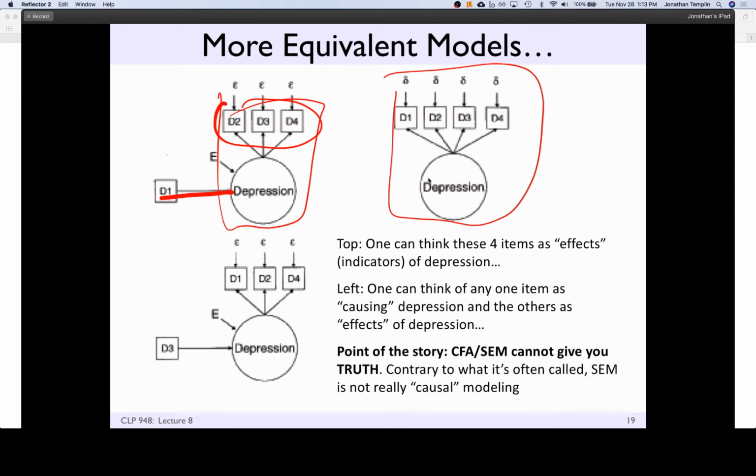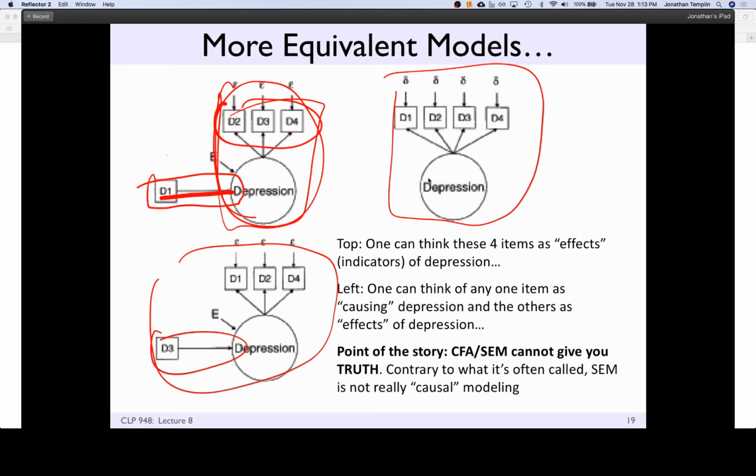Which is also equivalent to taking one of the other variables out and making it predict depression. So you see what I'm saying with this? Here's my measurement model. I have this latent variable depression, and I'm going to predict it with some observed variable. Well, this model is equivalent to saying, no, really, I'm taking depression and measuring it with a 4th variable itself.